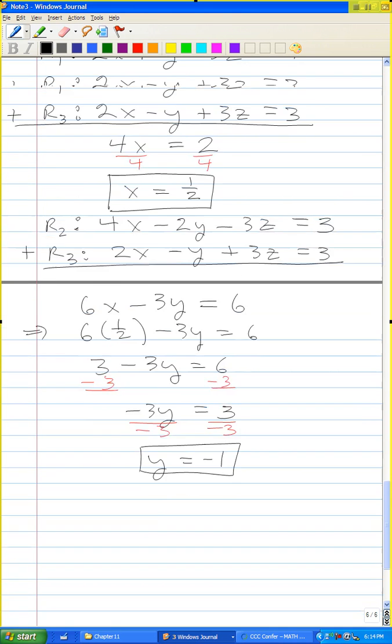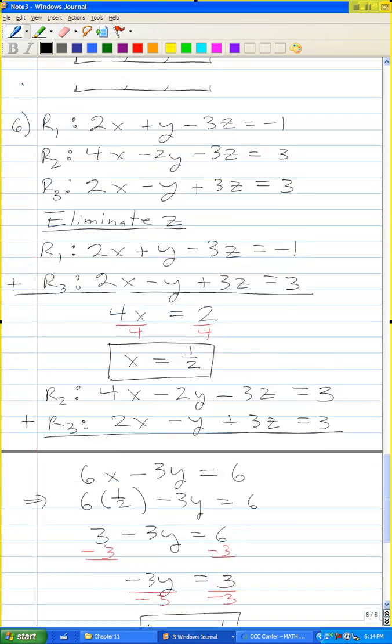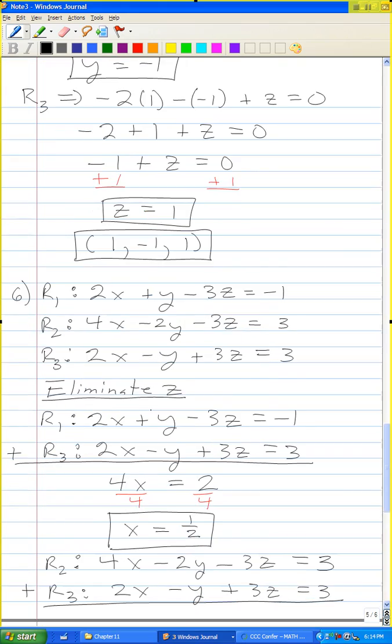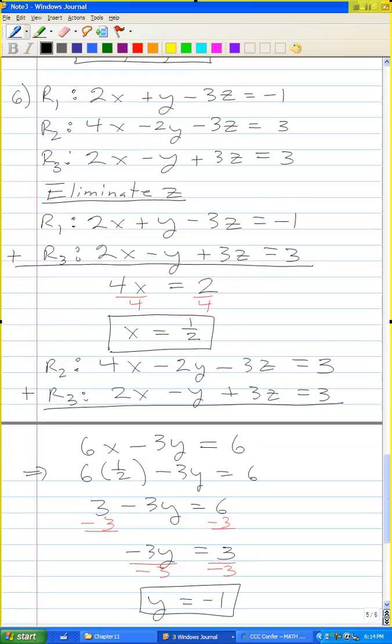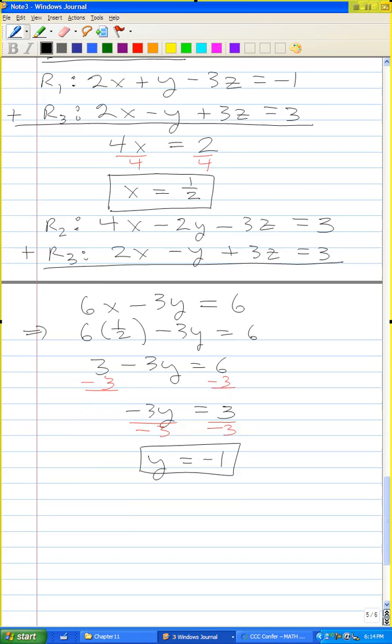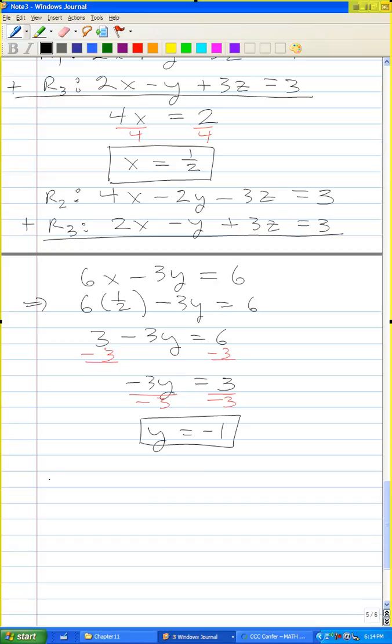And so I can use any one of these equations to figure out z. And I guess it really doesn't matter. They're all about the same. So the only one that has a plus sign is R3. So why don't I use R3, I guess.